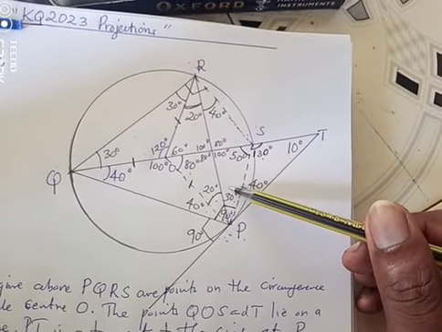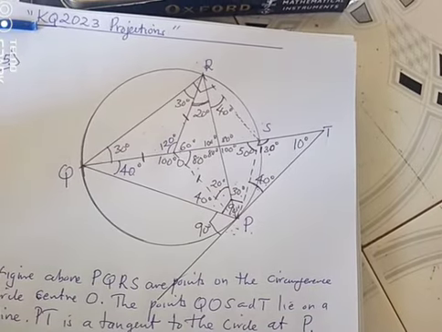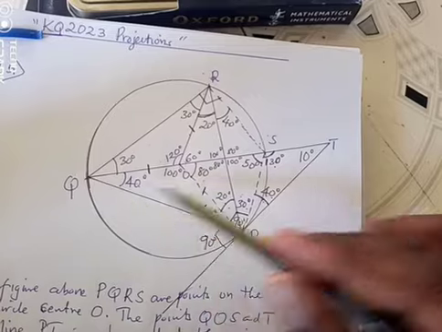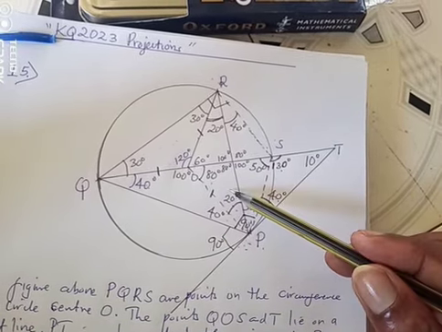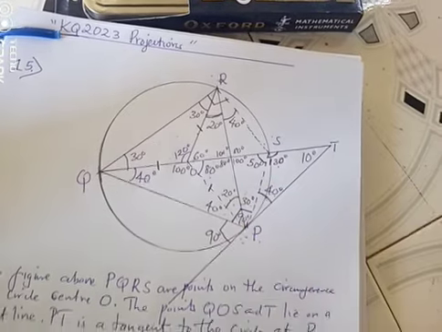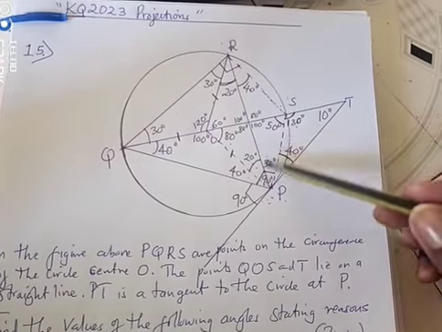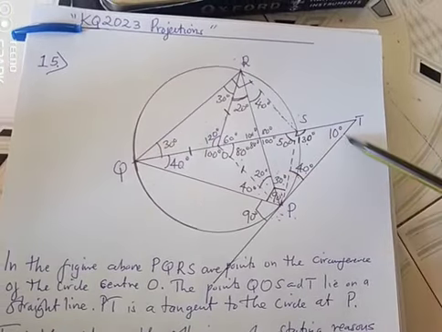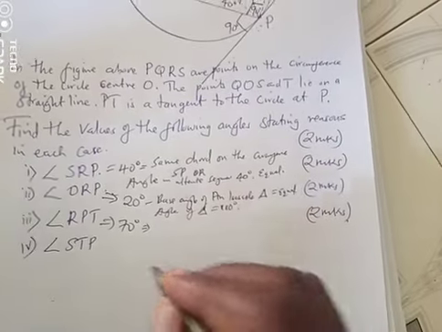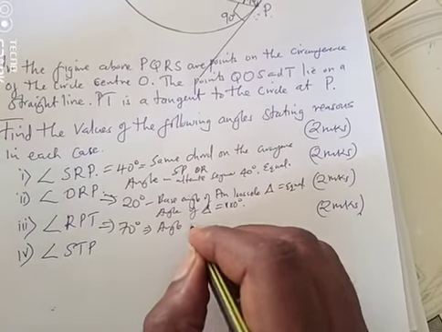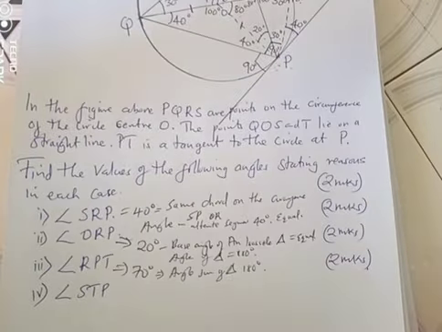Then 30 we got by angles subtended by the diameter was 90, and already we had 20 and 40. So there being no other business, we were able to remain with 30. So all this combined, we can say angle sum of a triangle should also add up to 180.